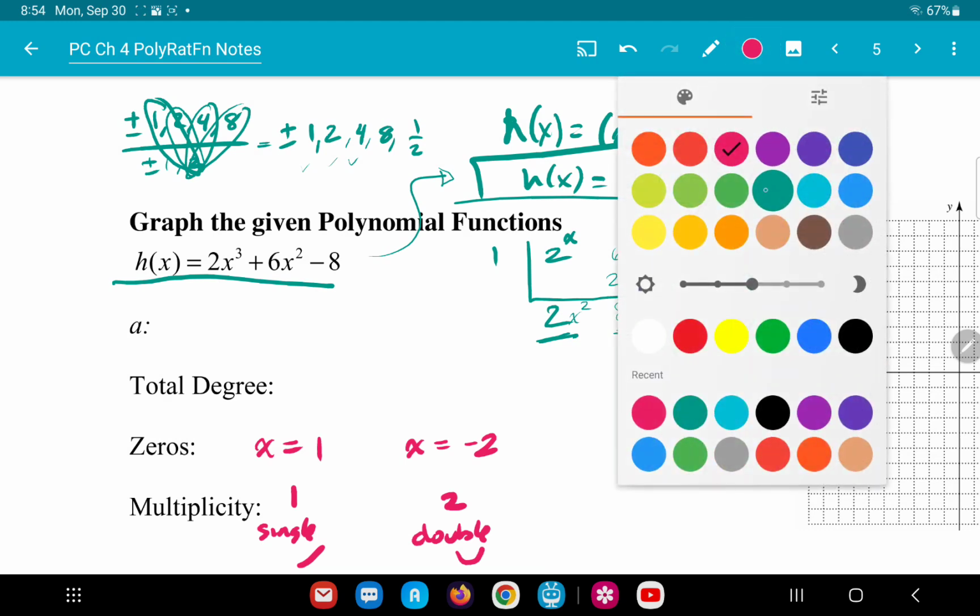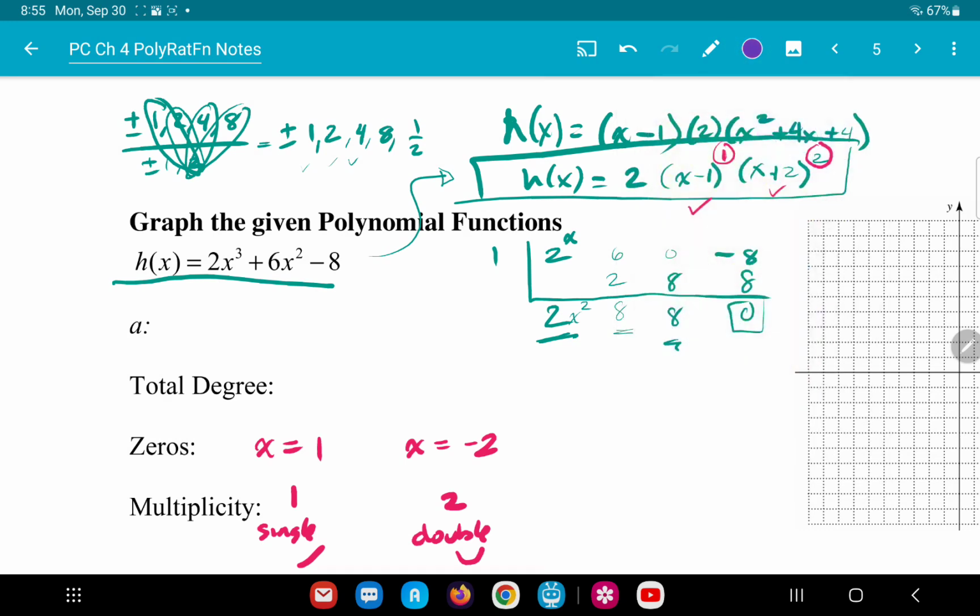In addition to that, keep in mind some other things that we can look at is the leading coefficient. We'll notice that what we have is 2 times x times x times x again. So that's going to give us a leading coefficient of 2x to the third power.